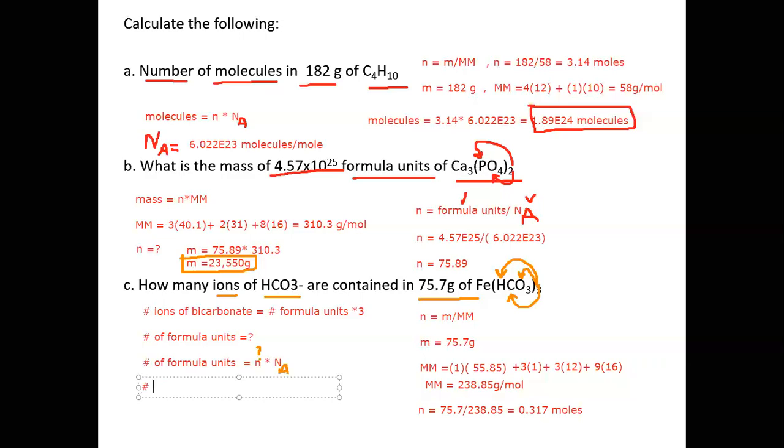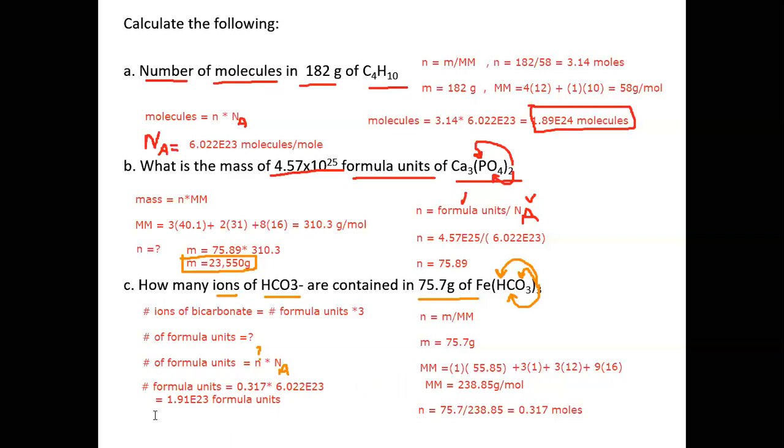So number of formula units equals 0.317 times 6.022 e to the 23rd, which equals 1.91 e to the 23rd formula units. So that's the number of formula units.